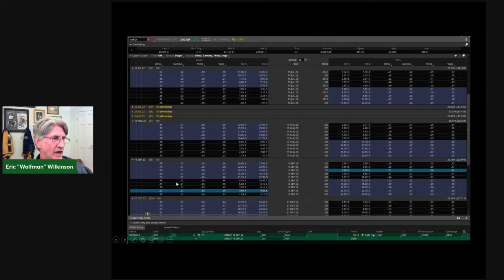You could see that if the underlying moved higher by $1, well, 48 cents goes into it. What happens if volatility went down?